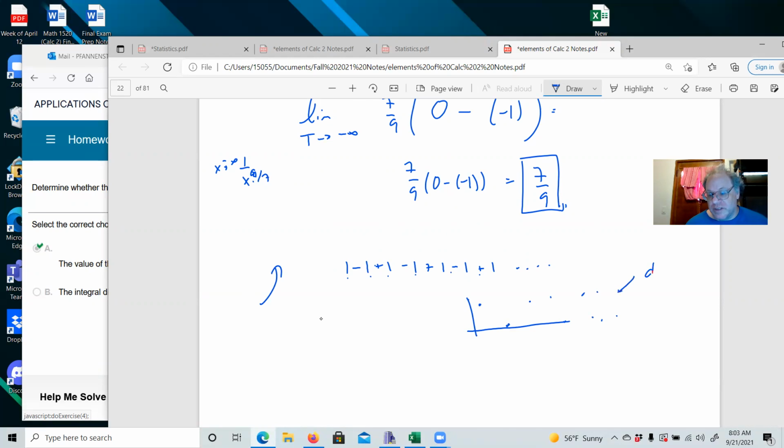This also diverges, because in math, diverge just means it doesn't converge. It doesn't mean that it's going off to infinity. It just means that we don't have a value for it. So don't saddle yourself with the idea that divergent means it's going off to infinity or negative infinity. Realize that divergent means we're not going to be able to write a number down for what this answer is.